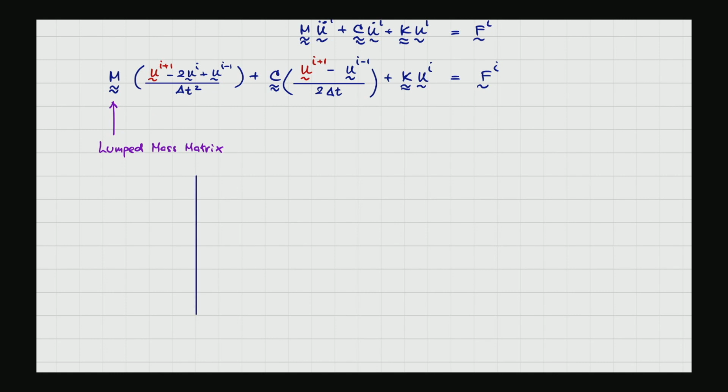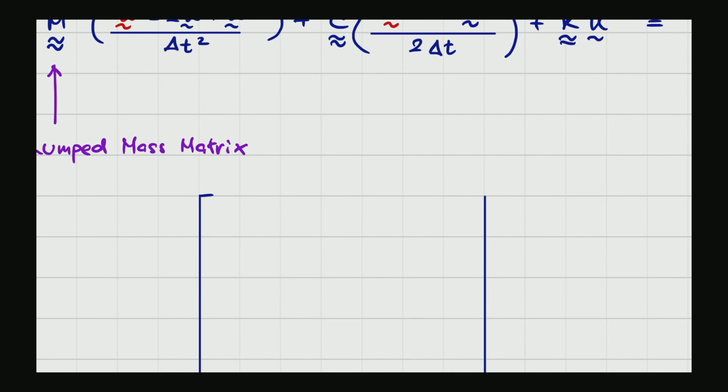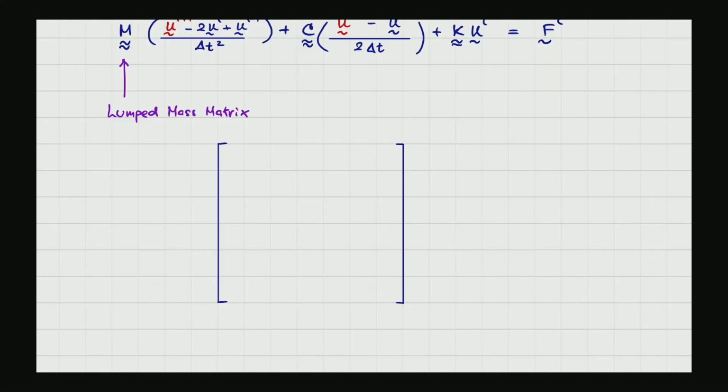Lump, what is the lump? The nature of lumping is pretty much like the tributary area basis. When you calculate the column load in steel, in a concrete design, you compute the tributary area of the column.